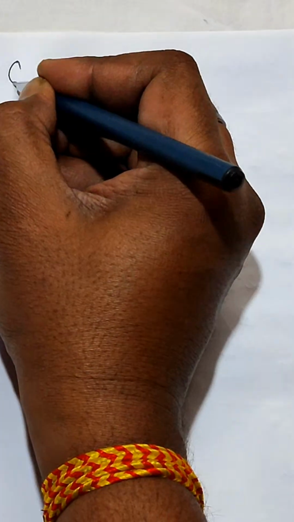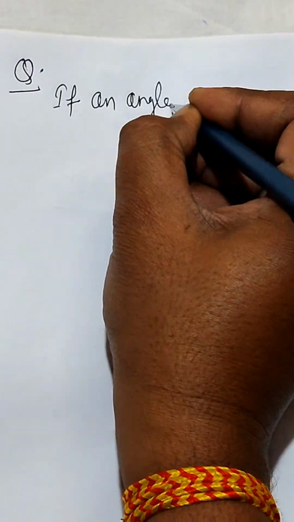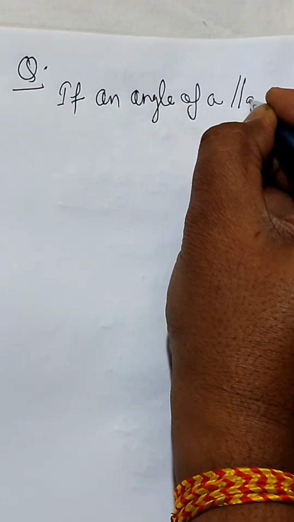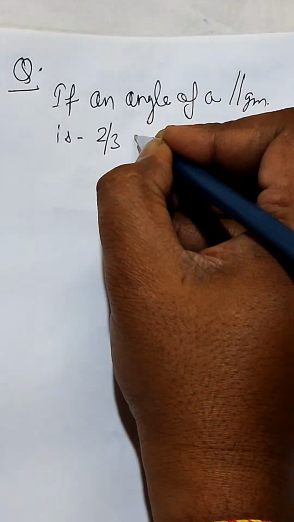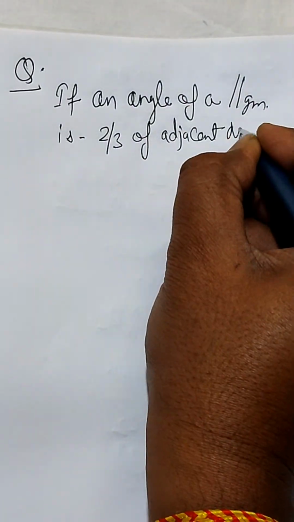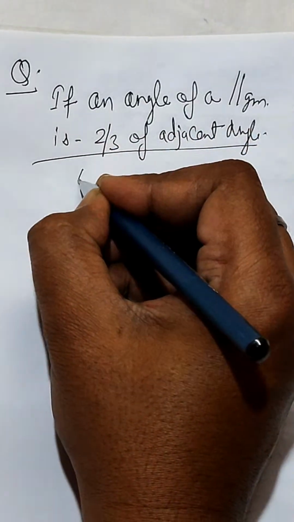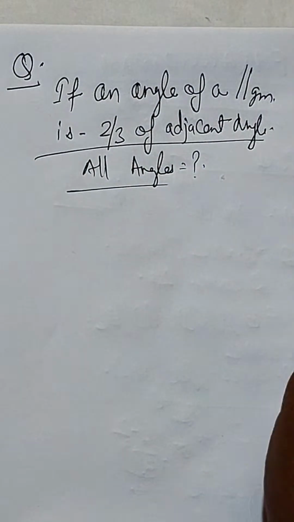That is, the question is that if an angle of a parallelogram is two-third of its adjacent angle, then all angles of that parallelogram need to be found, right?